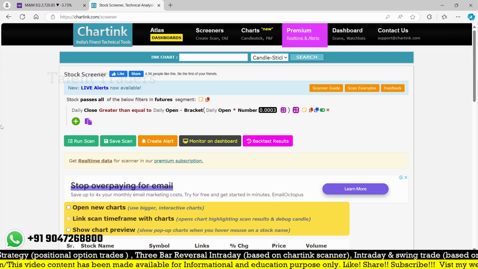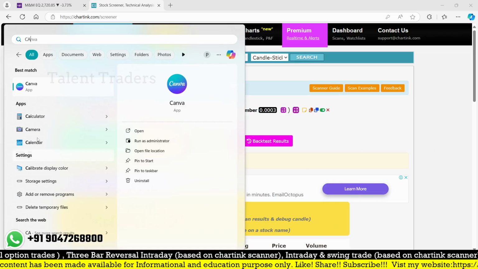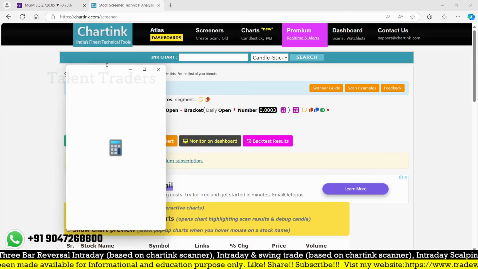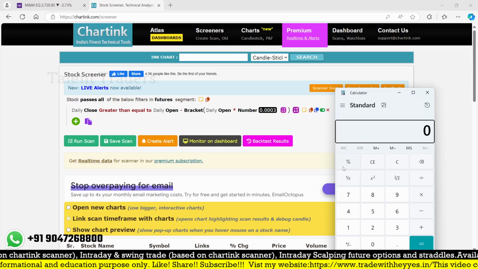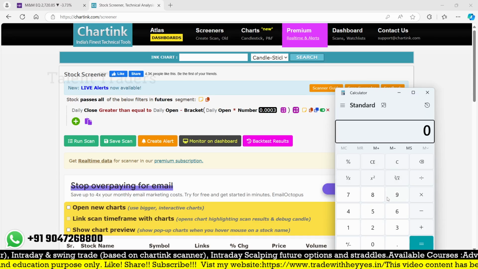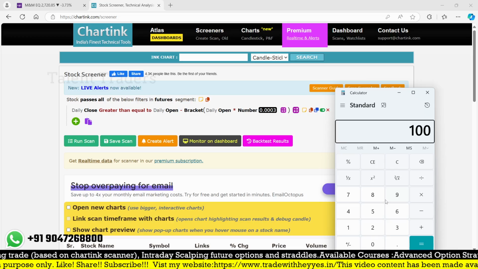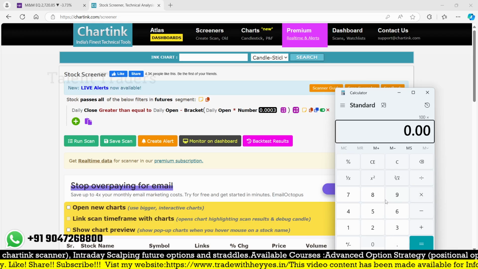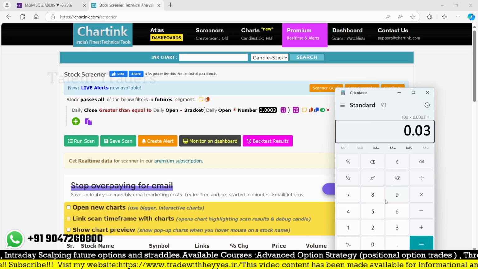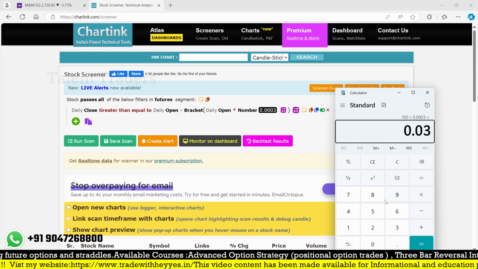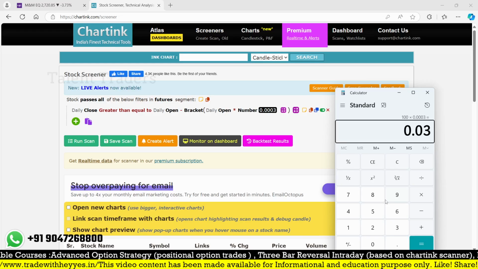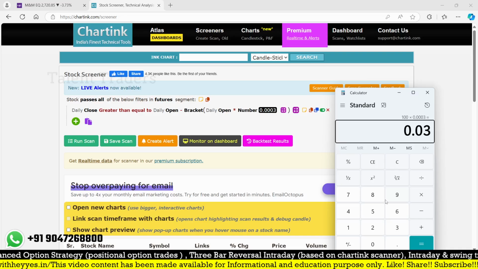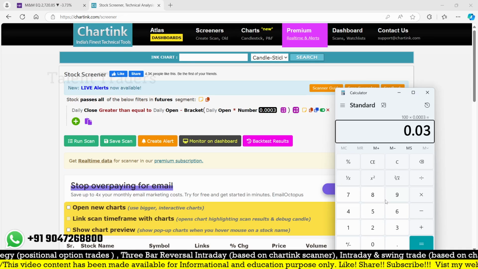For example, today's open price is 100 rupees. I'm adding greater than or equal to. So that means today's open price is 100 into 0.0003. So the open may be 100 and the close may be 100.003. That is also acceptable, which I consider as a doji candle.